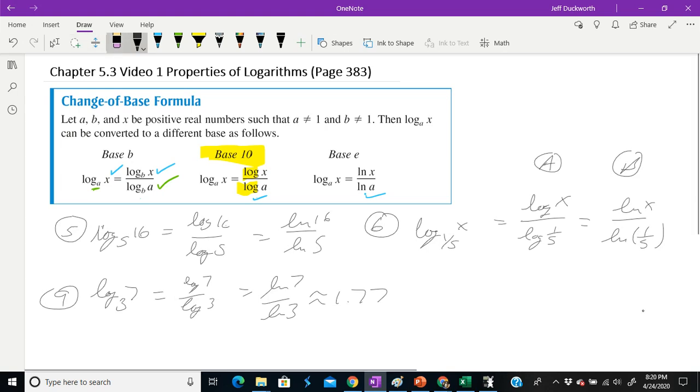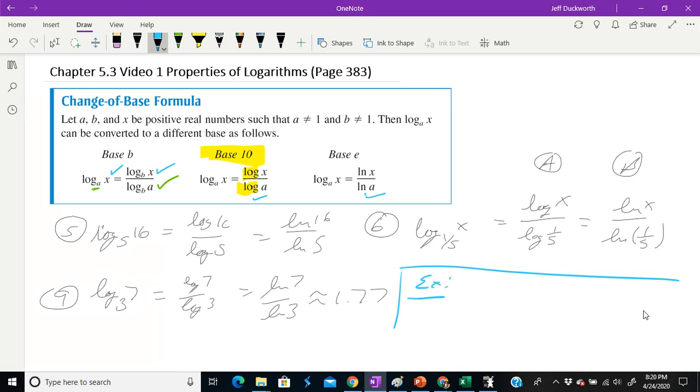And let me make just a new one. This is just going to be an example. So what about log base 4 of 8? Well, I can change this to log base 2 if I want to solve it. Again, any b will work.